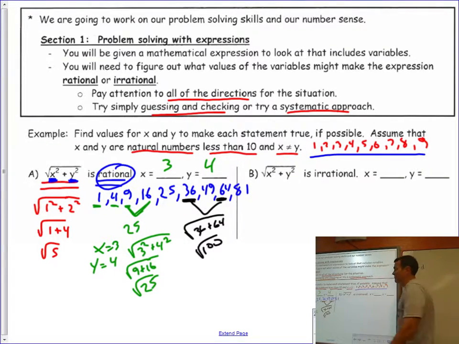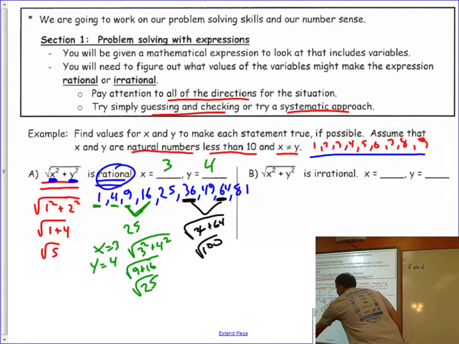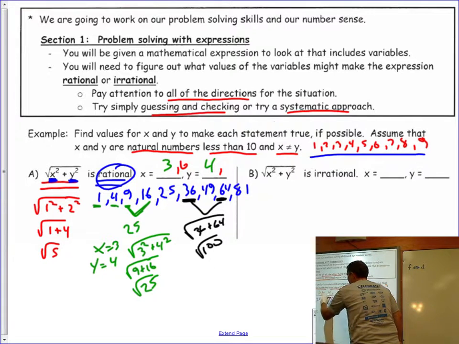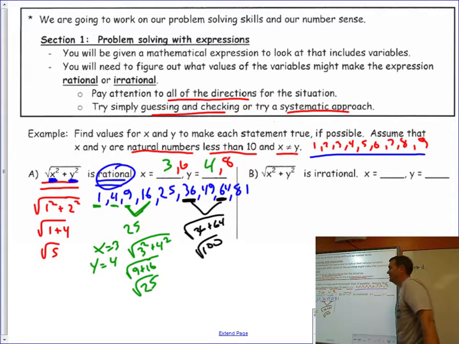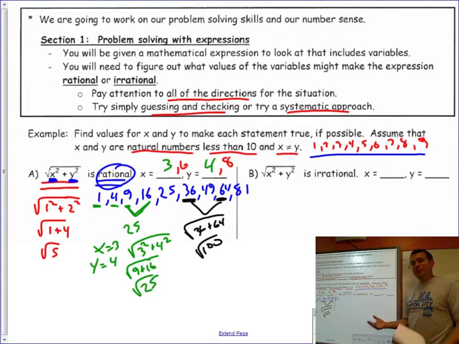So I could have my x equal 6, and I could have my y equal 8, and that would also work. All right, that's a tough problem. But again, what we want you to practice is just thinking mathematically. Guess and check, or try to think about it systematically.